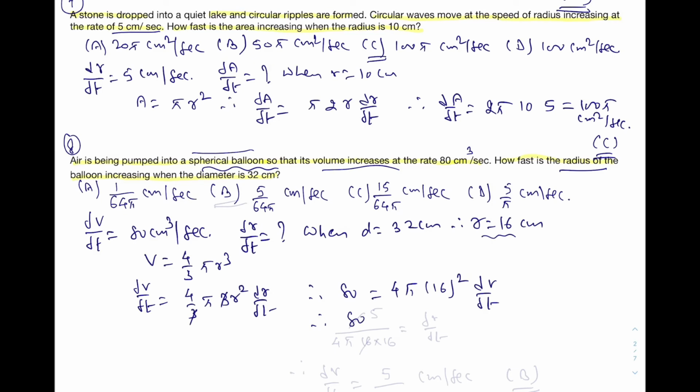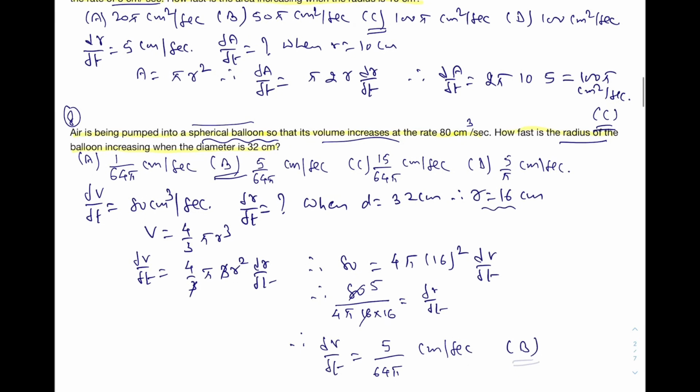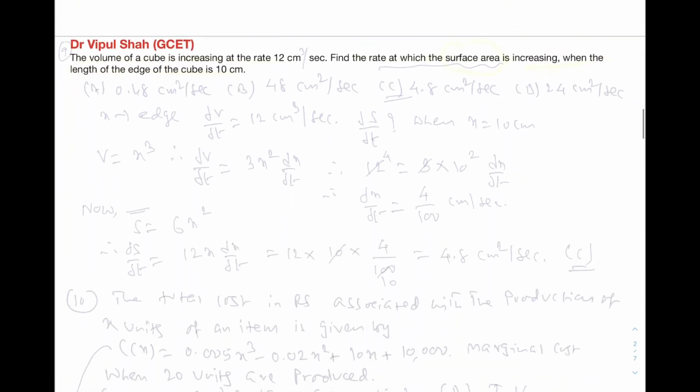So 80 over 4 pi 16 dr by dt, and so we are having dr by dt equal to 16 5s, so 5 upon 64 pi. Now dr by dt, so it is centimeter per second. So the answer is B option. Okay, next let us see.